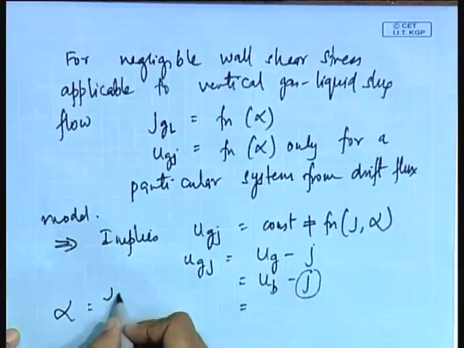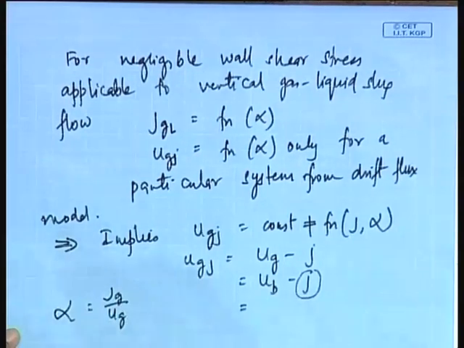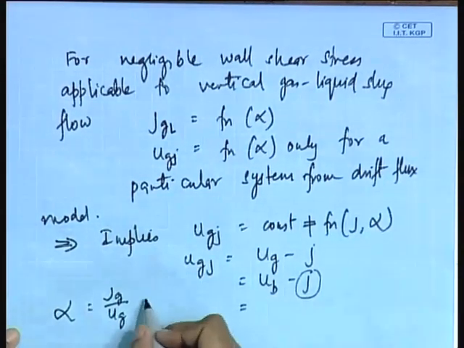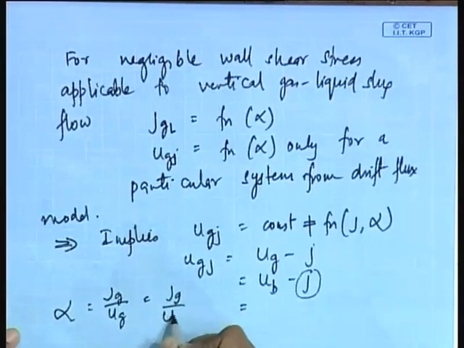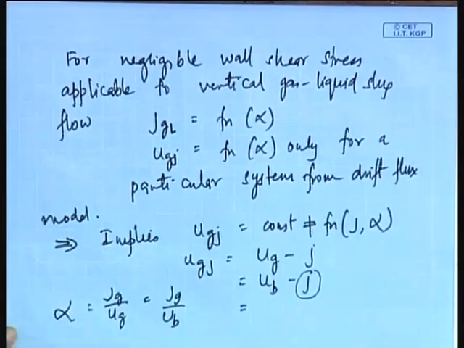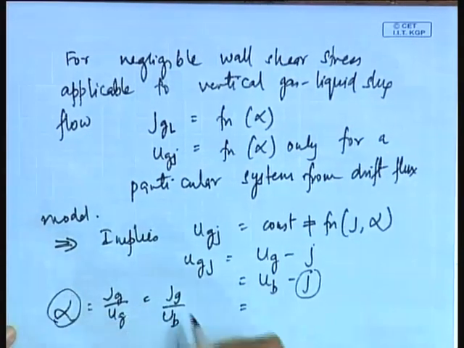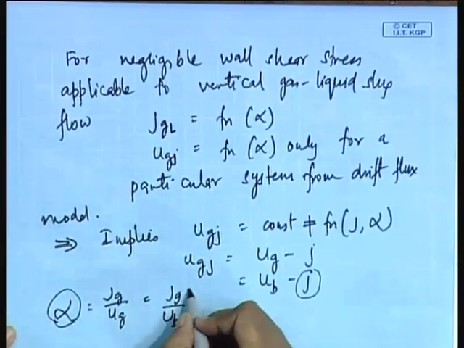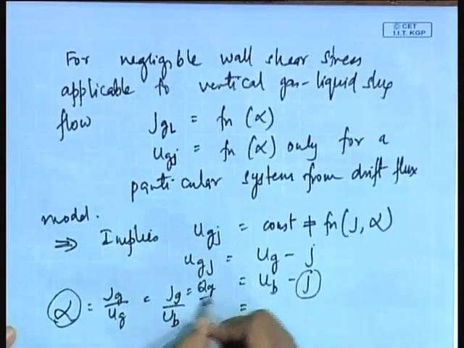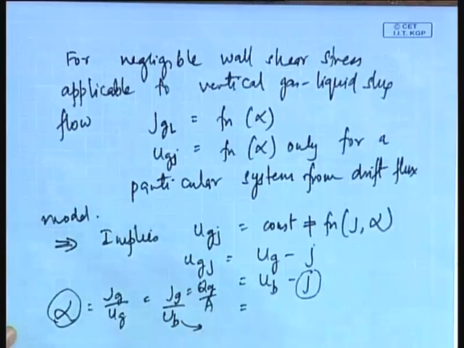It is nothing but Jg by Ug, isn't it? Which is nothing but Jg by Ub in this particular case. So, if we have to find alpha, Jg is very simple, it is nothing but Qg by A. We need to know Ub. Now, what is Ub? We do not know.